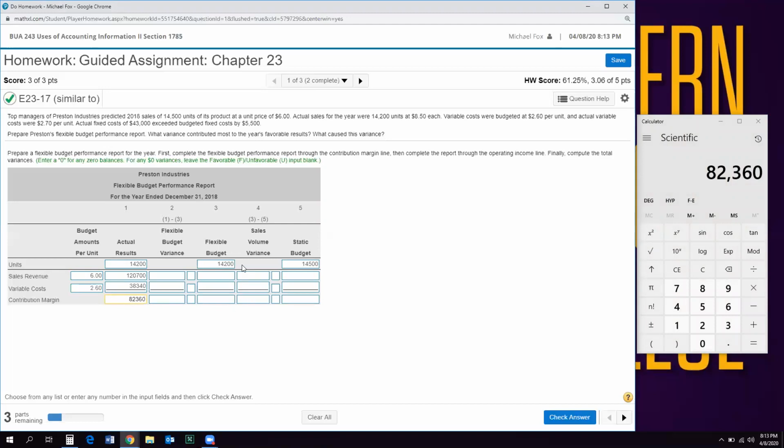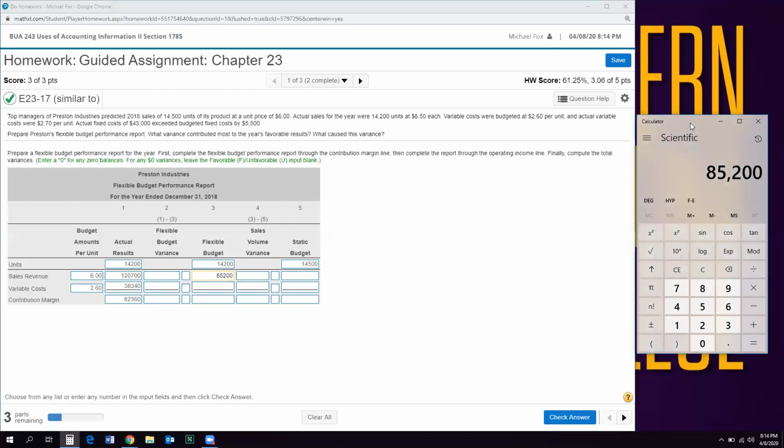For our flexible budget, we're going to use the number of units of our actual, but we'll use our budgeted amounts. For sales revenue, 14,200 units times $6 per unit, so our flexible budget amount is 85,200 for revenue.